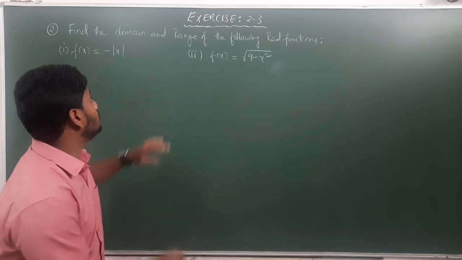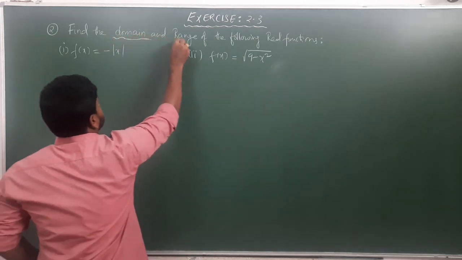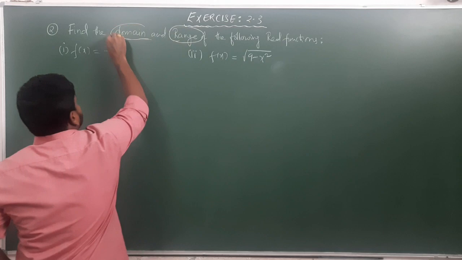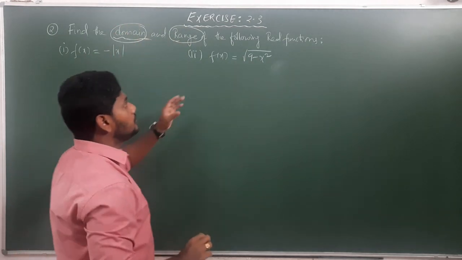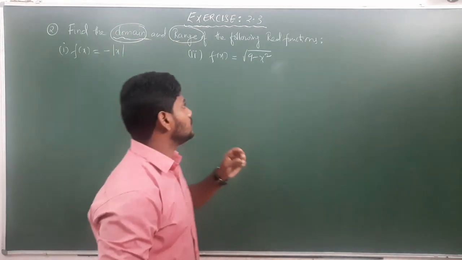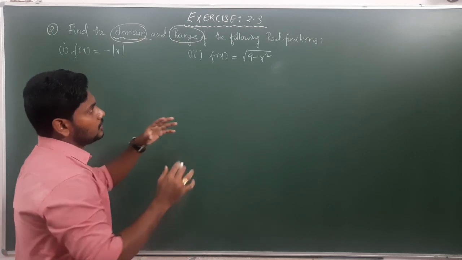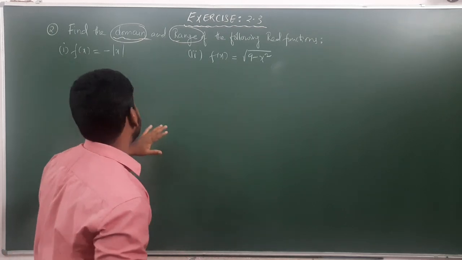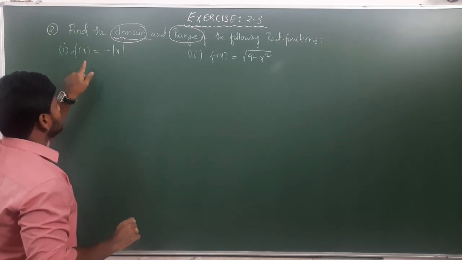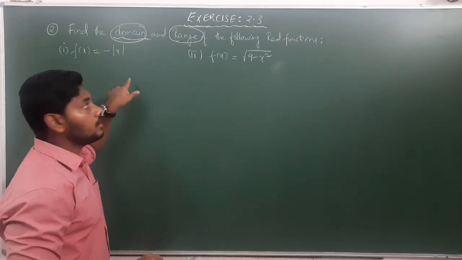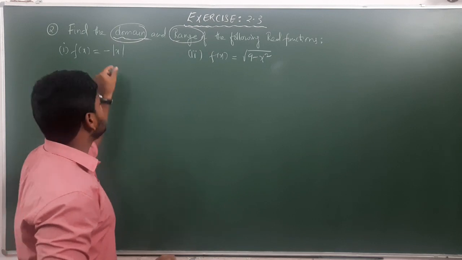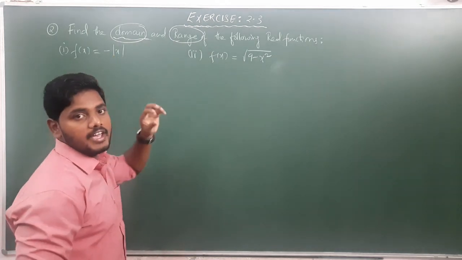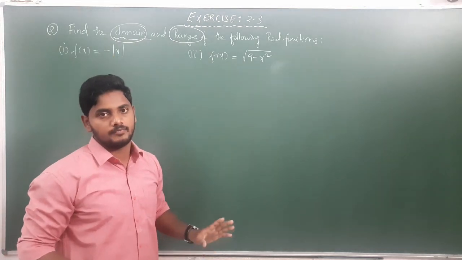Nothing but finding domain and range. So in that too, it will be very interesting. See, for example, if the function is f of x equal to minus mod x. As I said, mod x will always give positive real numbers.